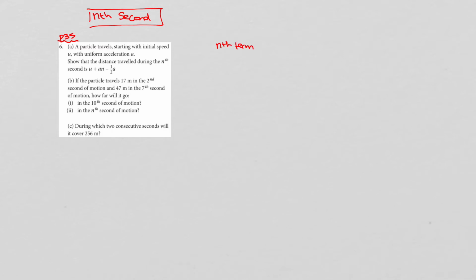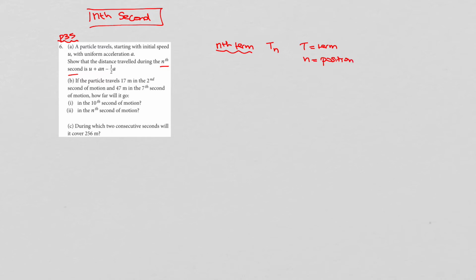So the nth term is often written as t of n in a sequence where there's a pattern. And the n that we'll be referring to in this section is the nth second. So t would equal term and n equals the position.